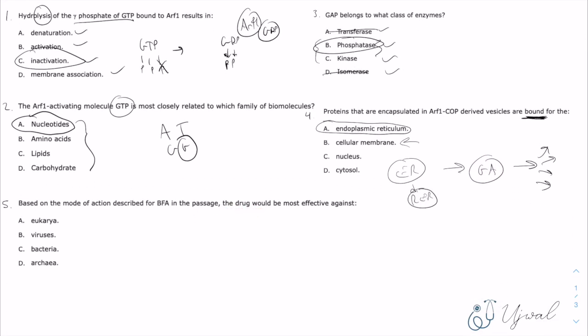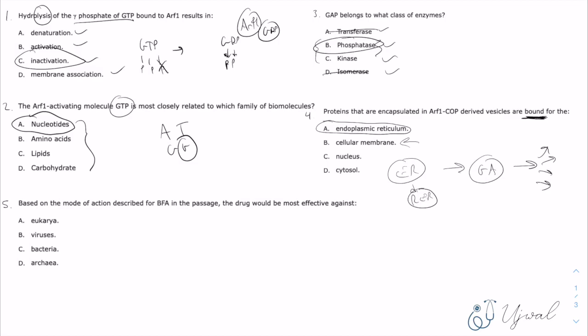And so let's see if we can use that information to answer the question. So the drug would be most effective against, here we have a eukaryote and the rest are all prokaryotes. And so we can kind of use that to guide our direction in answering the question. And what's the key difference between eukaryotes and prokaryotes? Well, first things first, eukaryotes are going to actually have Golgi apparatuses, whereas these other guys won't. That's the key difference.